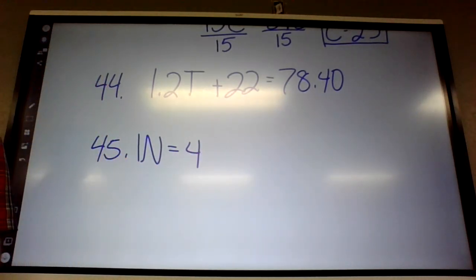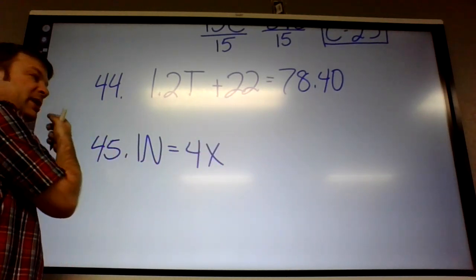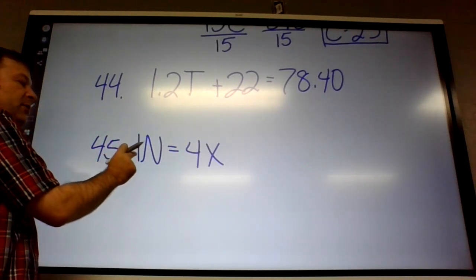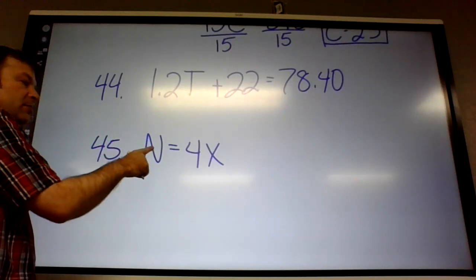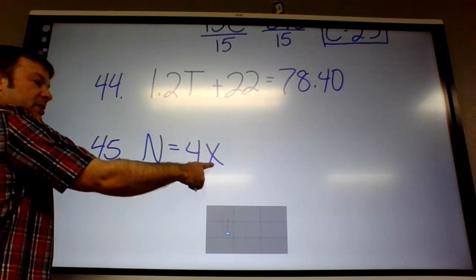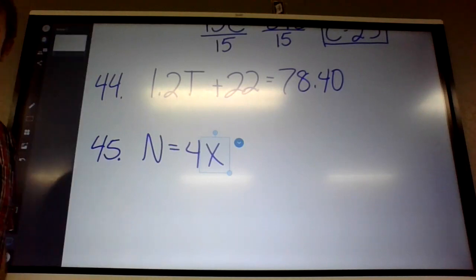It's just a different number, so we'll just have to make up a different variable. Okay. Yeah, that'll work. Now, can I solve this? No, I need more information. By the way, 1N is the same thing as N, so you don't have to put the 1. But one number is 4 times another number. There's not enough information to solve yet.